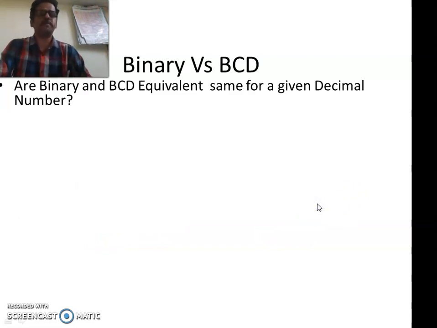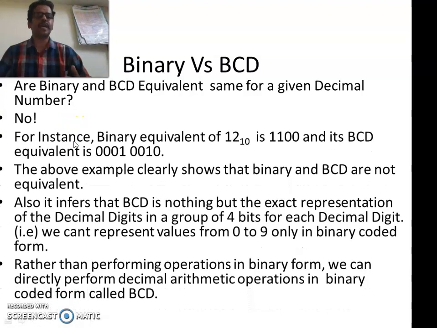What is the difference between binary and BCD? Whether the binary equivalent and BCD equivalent of a given decimal number are the same? Certainly not. For instance, take the decimal number 12. Its binary equivalent is 1100, but its BCD equivalent is 00010010.